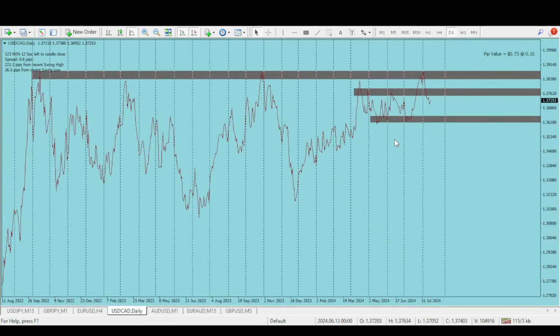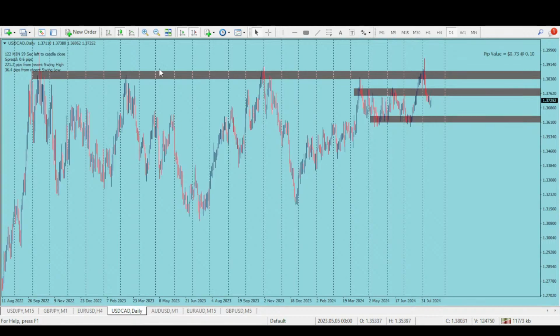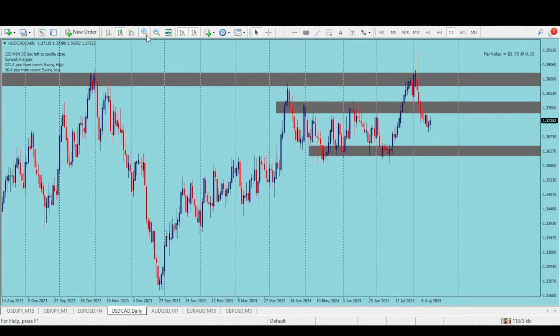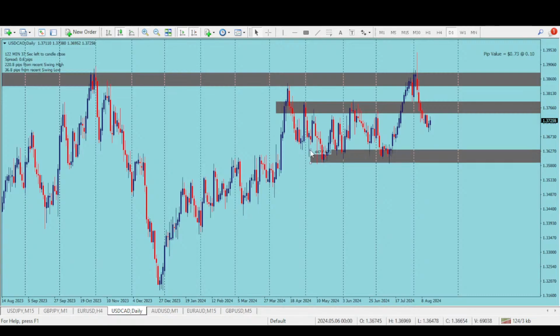So let's go back to candlestick. This is a candlestick now. At least it has helped us to get the important swing areas so we can fine tune.